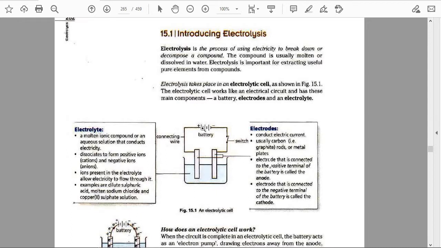The long line here is the positive terminal, and the short one is the negative terminal. The electrode connected to the negative terminal, for example this one I pointed to here, is known as the cathode. This one is the cathode, this one is the anode. So those are the electrodes.